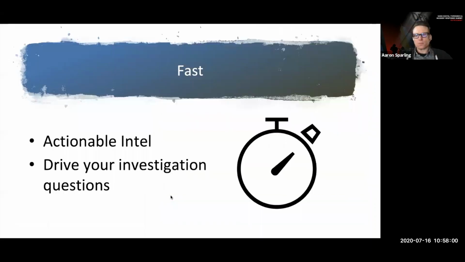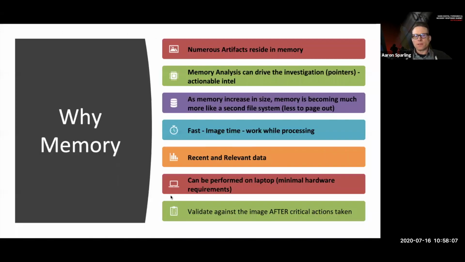And I think there's a couple really important points on that slide, Jess. As consumer laptops start to see in excess of 8 and 16 gigs of physical memory, you're starting to see less being written to the page file and more residing in physical memory. So there's a high likelihood that some of your artifacts or evidence may not even be written to the file system.